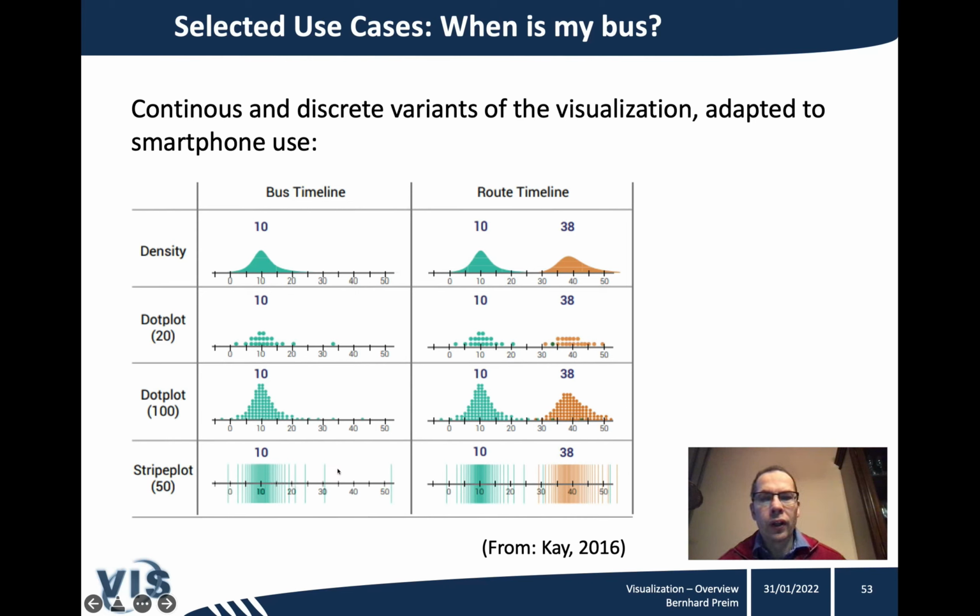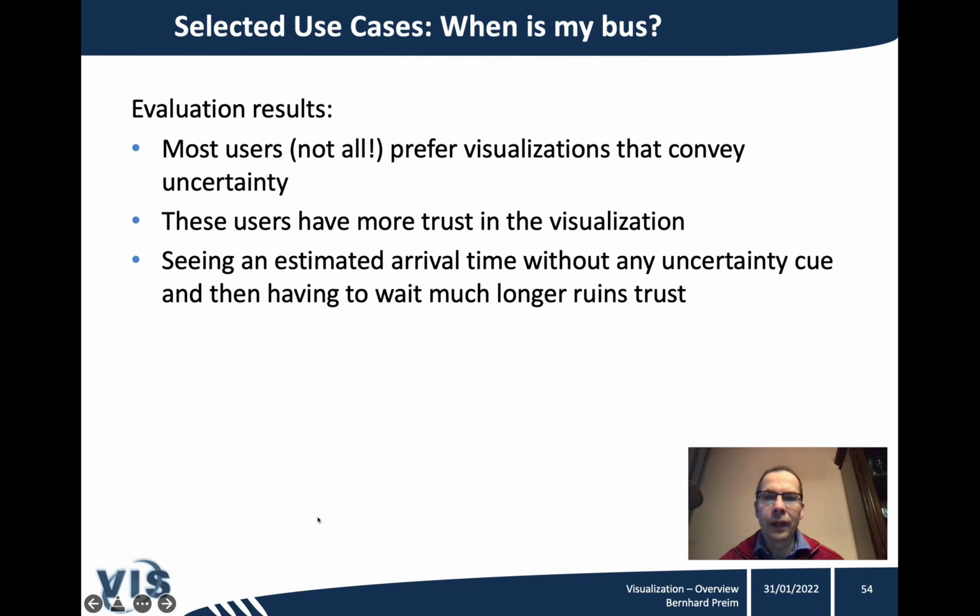So you may imagine that was used for the evaluations. Users should compare such visualizations. And what was the result of the evaluation? Most users prefer indeed visualizations that convey uncertainty. Not all of them. There are users that say, well, that's all confusing to me.